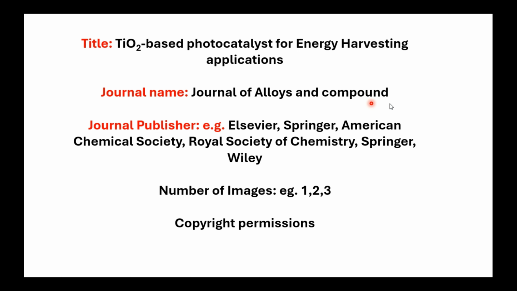For Journal of Alloys and Compounds, it is Elsevier, and it will be different for different journals. Then, the number of images. This is the point where many researchers get confused while obtaining permission. And last and main, the copyright permission. All this I will discuss with you point by point in the upcoming video.